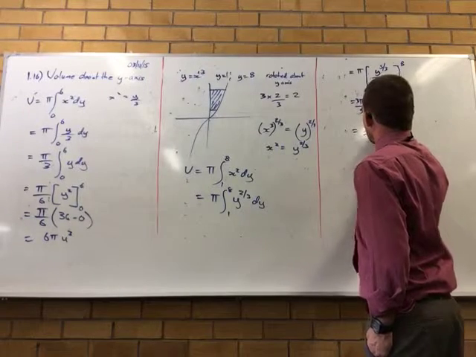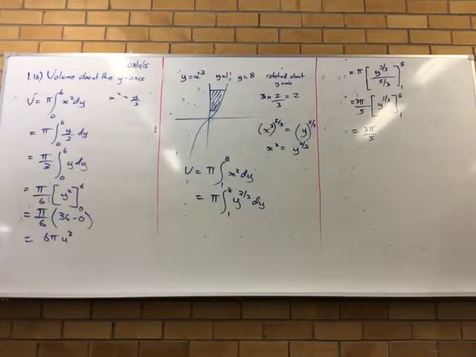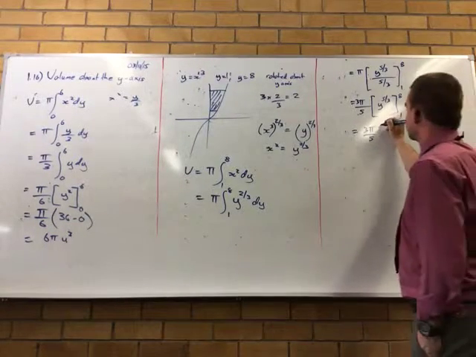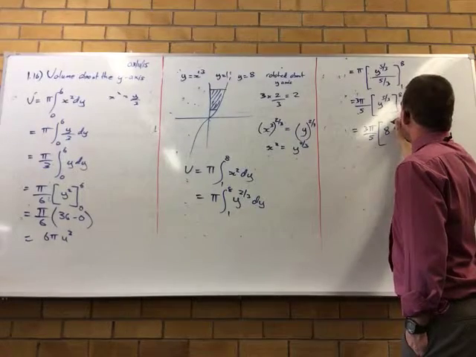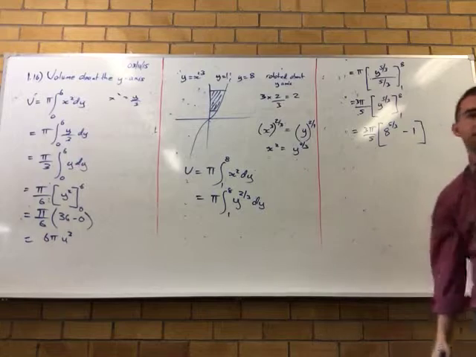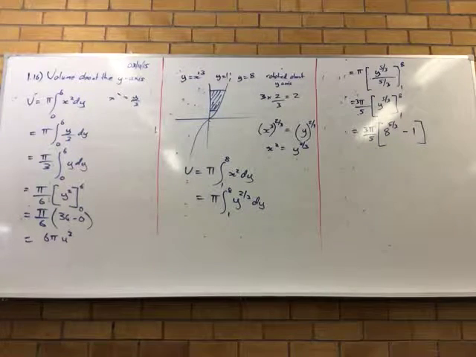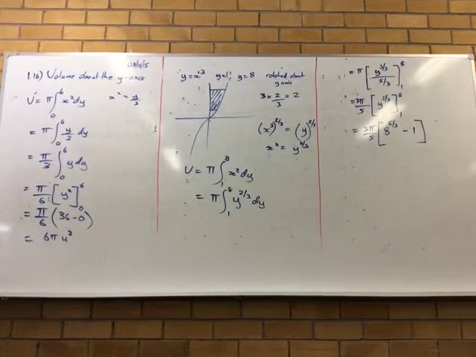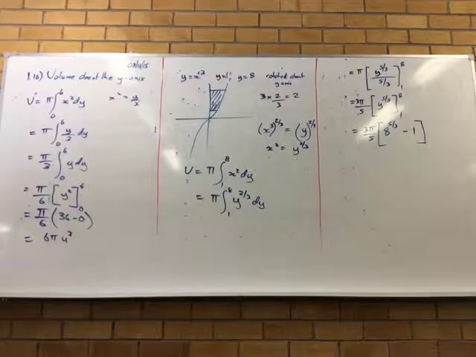Wait, what did you say, pi over 3? What is 8 to the power of 5 over 3? That's the cube root of 8 to the 5.